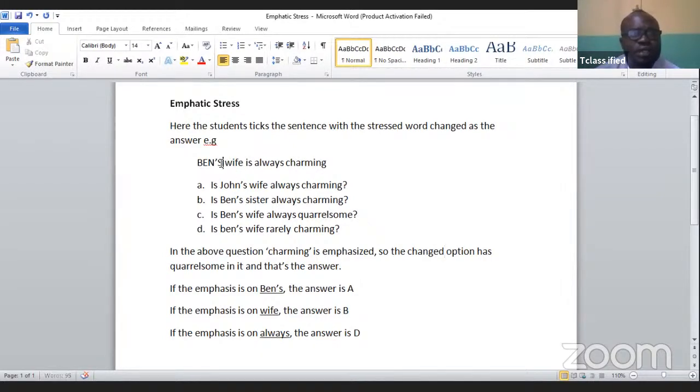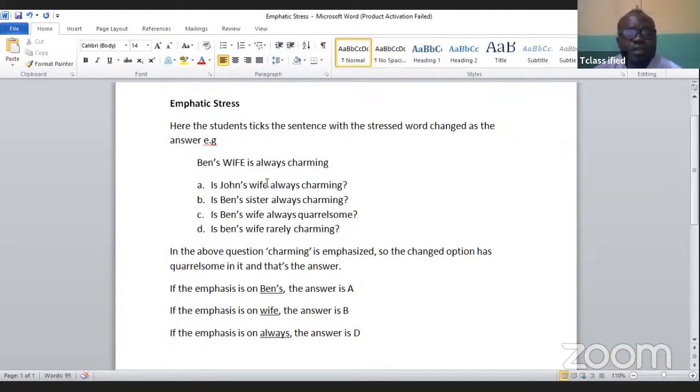Okay, so let's take this back and still have our normal Ben's. What if the stress word is wife? What do you think will be the answer? Check through and see where wife has been changed.